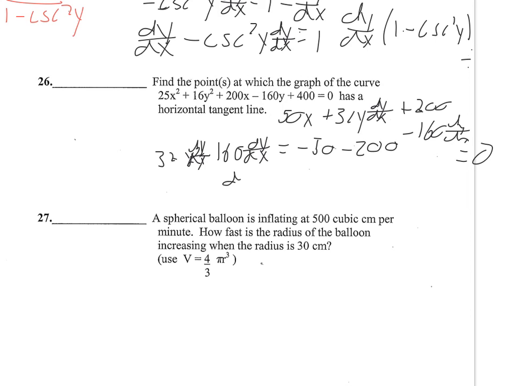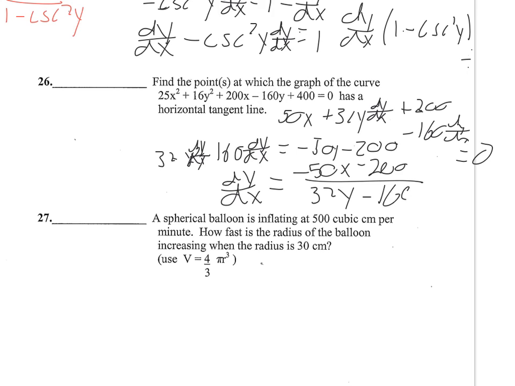Dividing this off, so dy over dx is equal to negative 50x minus 200 all over 32y minus 160. Okay, set this equal to 0, so I set the top equal to 0. When is that 0? Well, when x equals negative 4. And I'm not going to bother finding the y coordinate, so we'll just leave it like that.